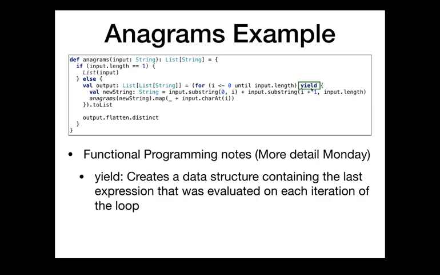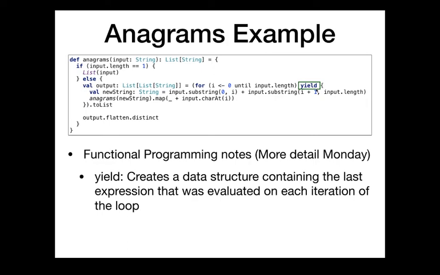Yield is going to take a loop, in a sense, with this syntax of right after you start your loop, but before the body, put this keyword yield. It'll still execute the body of the loop for each iteration, but it's going to take the last expression that's evaluated in the body of the loop for each iteration and throw all those in a data structure.